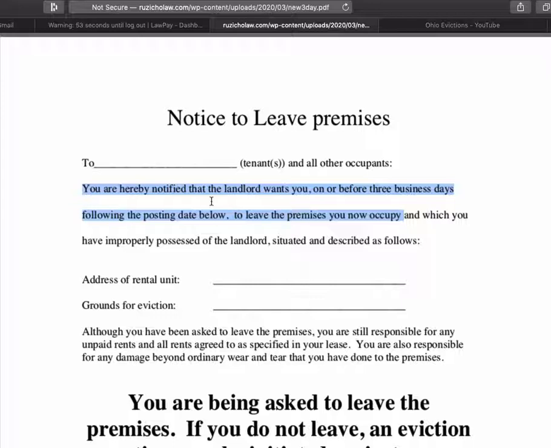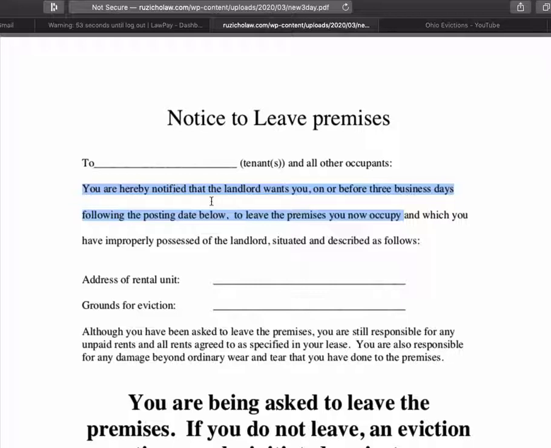So for example, if you posted it on a Friday, Friday would not count. Saturday, Sunday would not count. If Monday is not a legal holiday, it would count. Tuesday and Wednesday would count. And then once the 3-day notice expires at the end of the day on Wednesday, then you could file your complaint on Thursday.